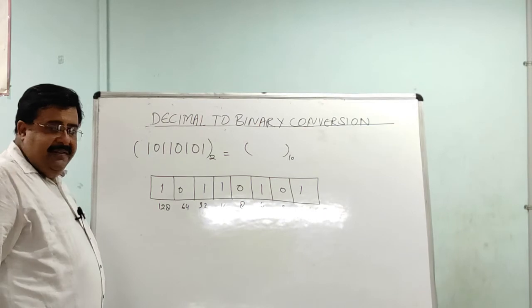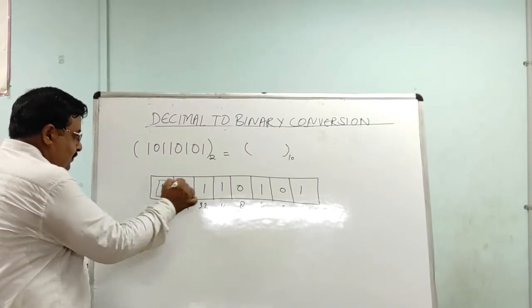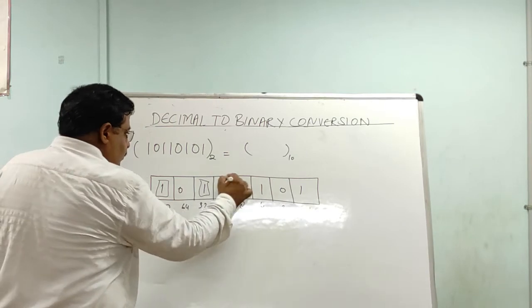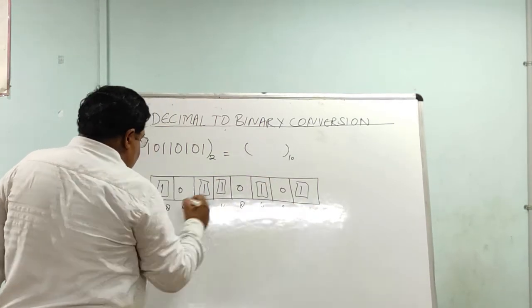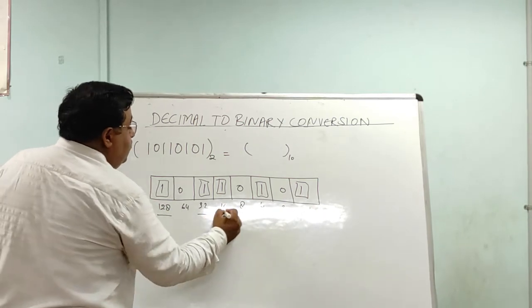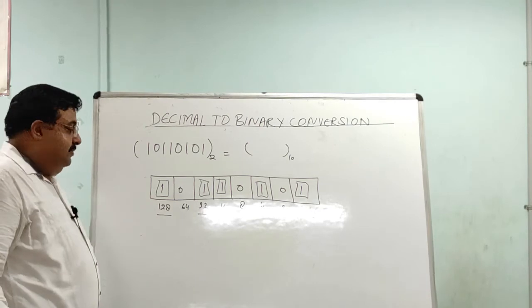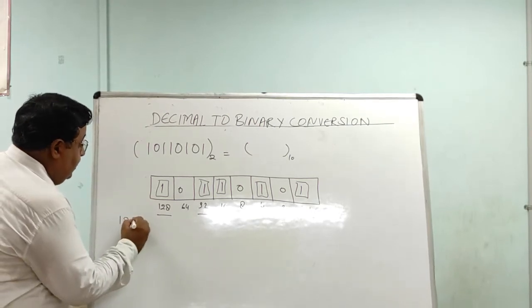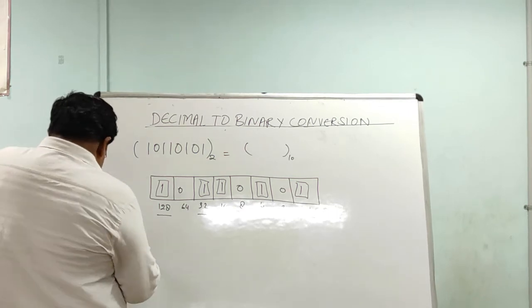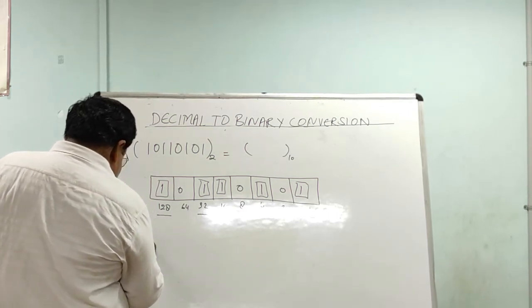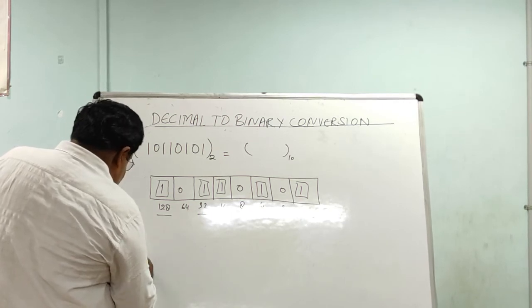Now what I have to do is, wherever there is a 1, the numbers below the ones, we have to add. So 128 plus 32 plus 16 plus 4 plus 1.